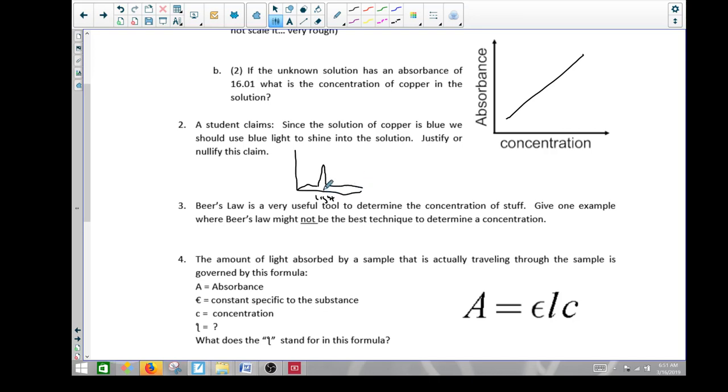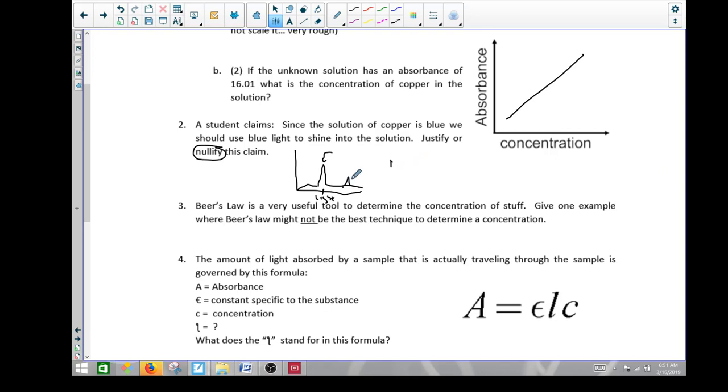This will be listed in nanometers, and you want to take the one with the highest spike. There might be another one here. Take the highest spike, that is where the most light is absorbed, and that's what we want to use. Now for this problem, since this solution is blue, it means it's actually reflecting blue. So we would want to nullify this claim, and this is the light that we would not want to use.